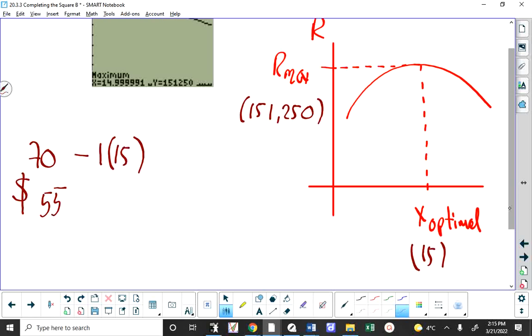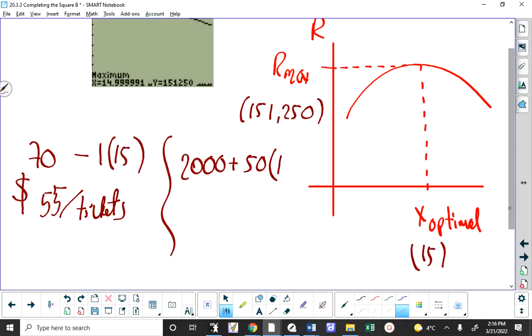This is per ticket. I guess if you wanted to find the number of tickets, you could take the 151,250 and divide by that much. Or the number of tickets would be, was it 2,000 plus 50 times X?